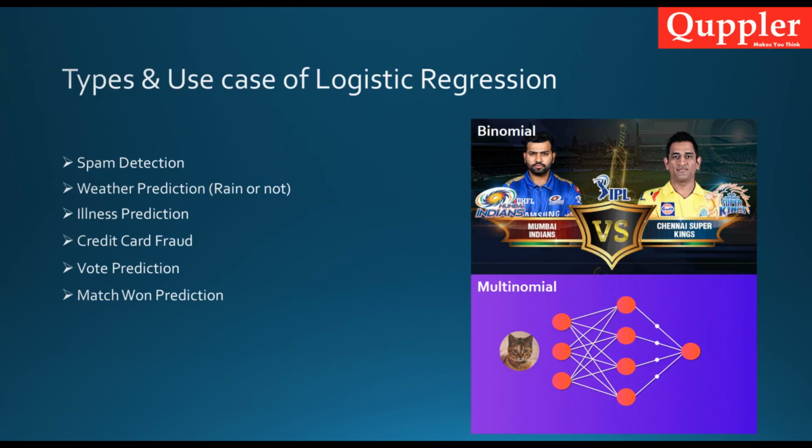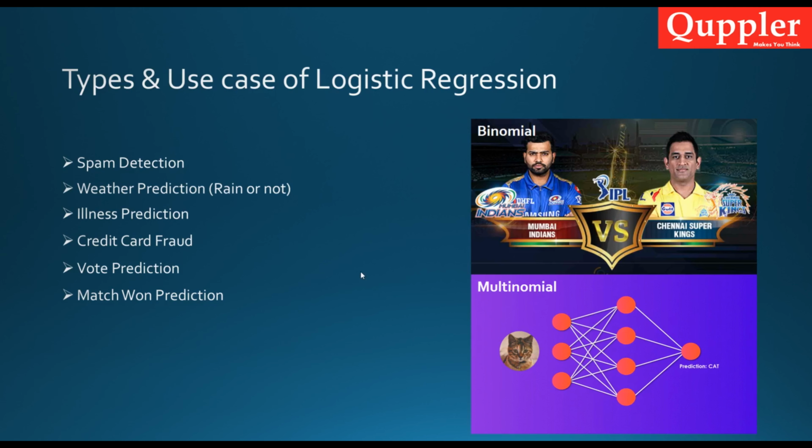Before drilling into the live coding session for logistic regression, let's talk about the different types and use cases of logistic regression. In day-to-day life, we can use logistic regression depending upon the scenario.